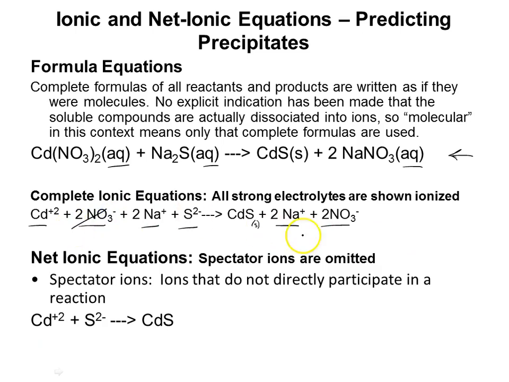See how on both sides of the equation you've got two nitrates? The spectator ions are the things that are the same on both sides. So two nitrates, that is a spectator ion. Two sodiums, those are spectator ions. And if you see what's left, it leaves you with this particular net-ionic equation: cadmium ions react with sulfur ions to create cadmium sulfate.